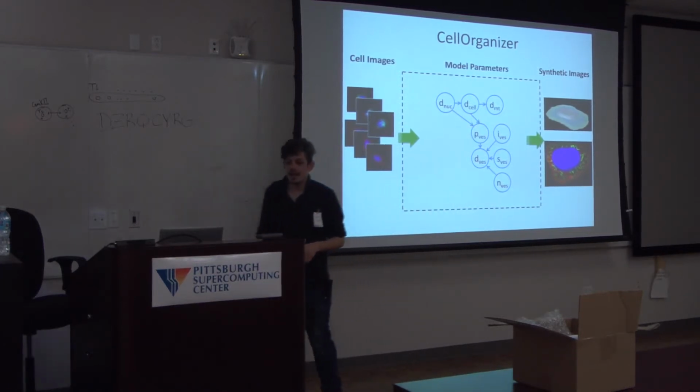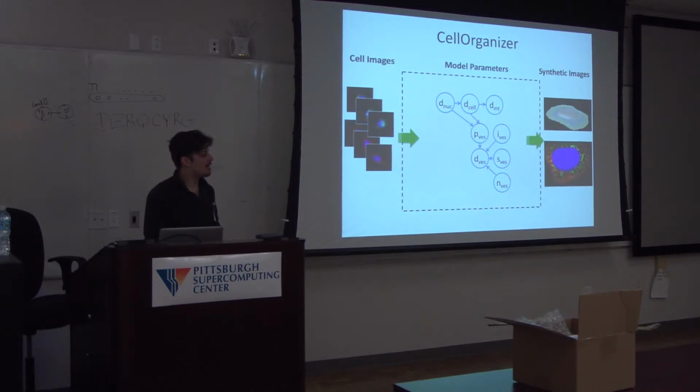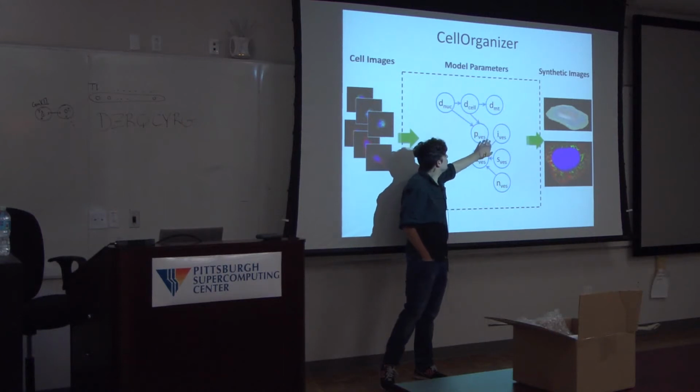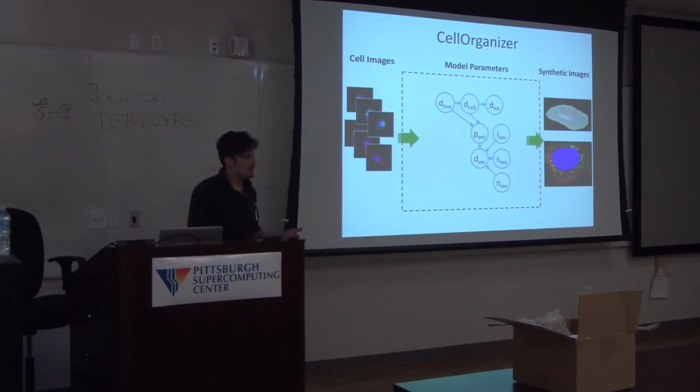And of course, if you have any knowledge of cell biology at all, you would know that the microtubules are a major highway of transportation inside the cell. So this independence assumption between microtubules and vesicles is not true in many cases.